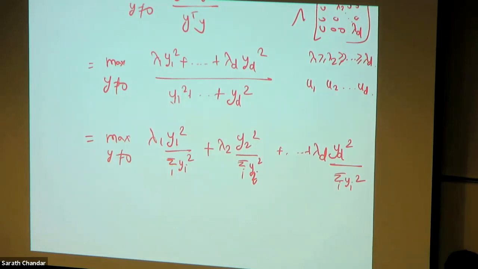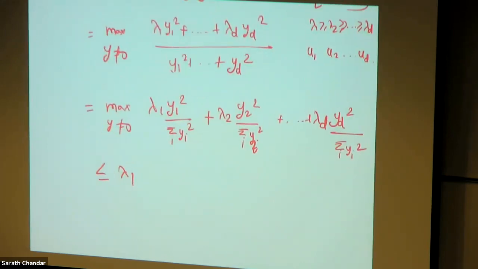There is an upper bound for this: it is always less than or equal to lambda 1. You can verify this by writing a simple Python program where you give a bunch of values, take a weighted average, and see the maximum value. The maximum cannot be more than lambda 1 because this is a convex combination. Now, when will this be exactly equal to lambda 1?